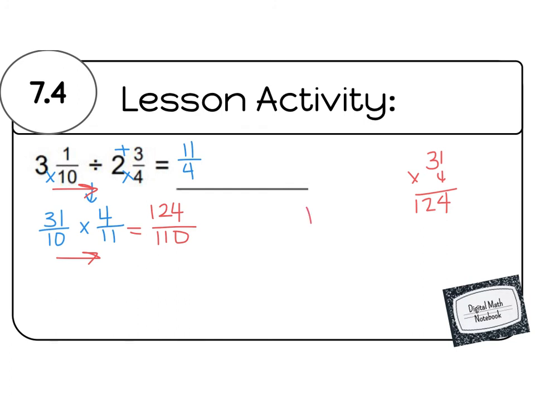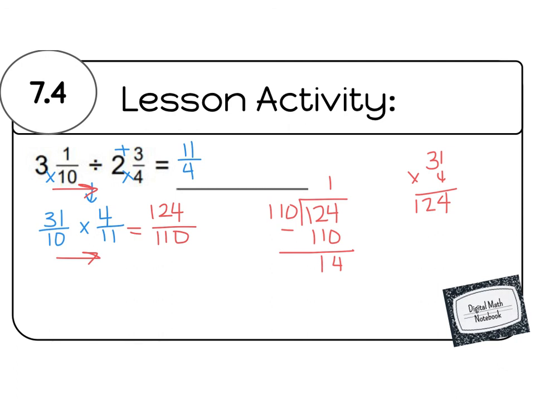So 124 and 110. Well, those are pretty close to each other, so it's only going to go in one time. 110 goes underneath, and we're going to subtract. 4 minus 0 is 4. 2 minus 1 is 1. And 1 minus 1 is 0.